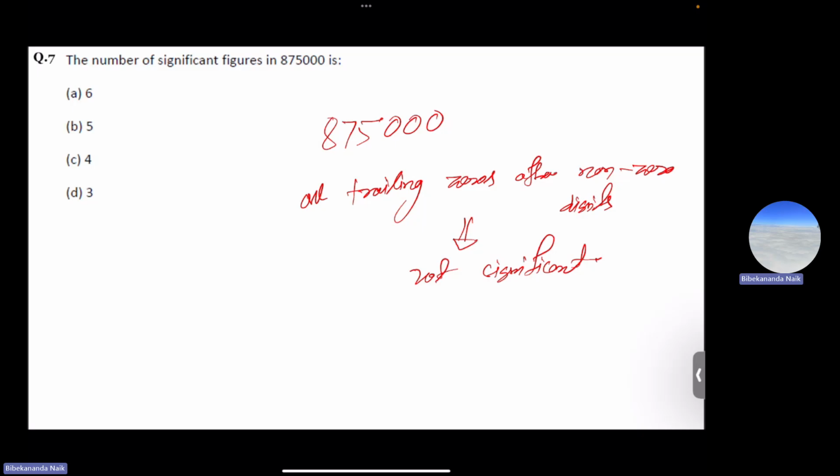So here this is not significant, this is not significant, and this is not. So these three are significant digits. So the number of significant digits in 875000 is 3. So the correct option is option 3. I hope this is clear again.